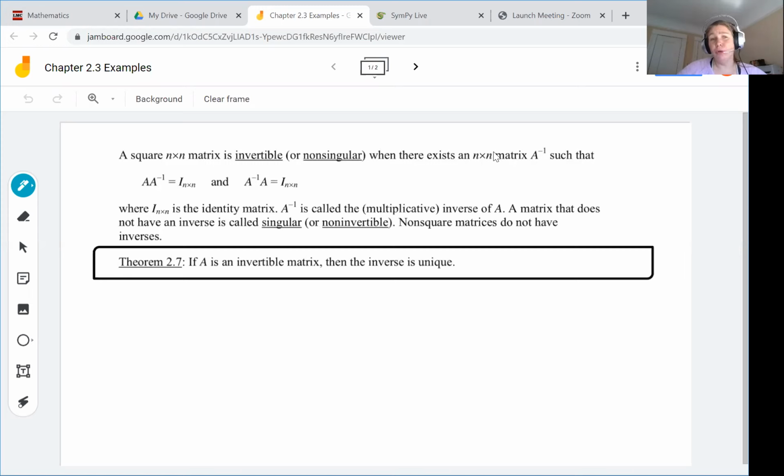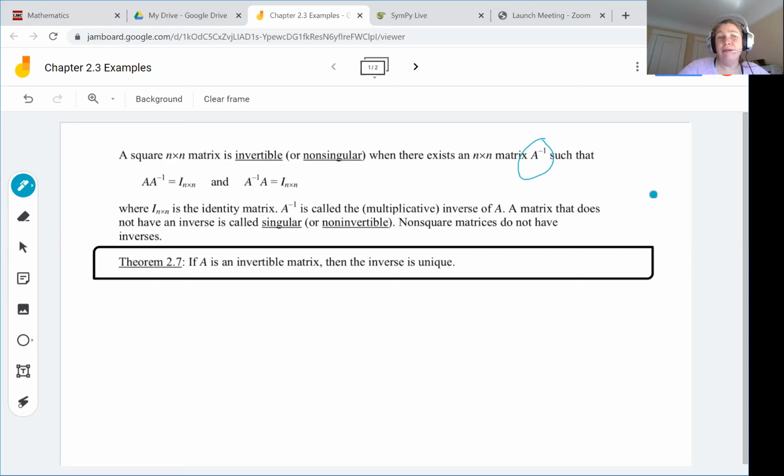So we say a square matrix, and we give it dimensions n by n, where n can represent any integer, is invertible, or we can also say non-singular, when there exists an n by n matrix that we call A inverse. So right here, this is how we denote our inverse in linear algebra notation, such that A times this other matrix A inverse gives us back the identity matrix, a square identity matrix that has the same n by n dimensions.